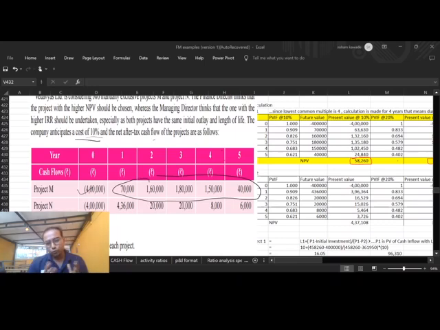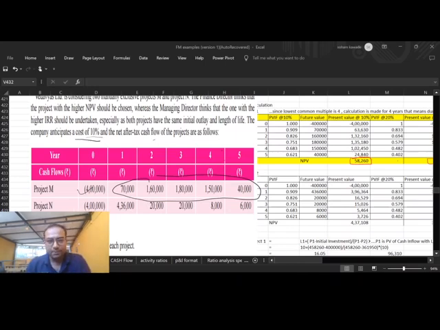So normally most of the projects' NPV lies between 10% to 20%. So if it is higher, then you will have to take a rate higher than 20%. All right. So you need to find out two rates, one at which the NPV of that project is positive, and another rate at which the NPV of that project is negative.